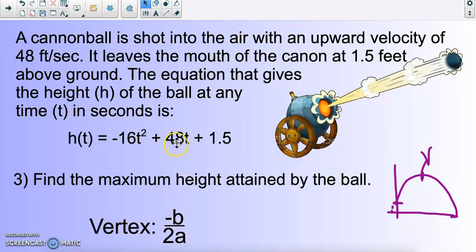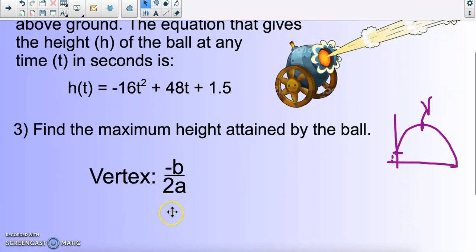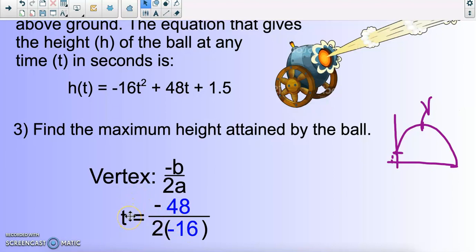In this case, b is right here, it's 48, and a is negative 16. Now, I said the x value. I should say t is the x value in this case. It's time, and h is the y value. We used h and t because they're meaningful here. They stand for height and time.